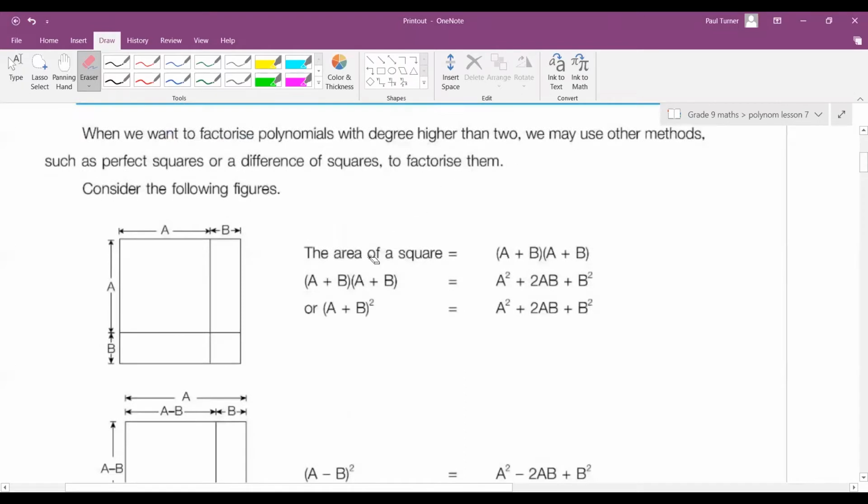Now, normally, (a + b) all squared, we know this by expansion, right? So we can expand it. (a + b) times (a + b) is a squared plus ab, plus ab plus ab, plus b squared.